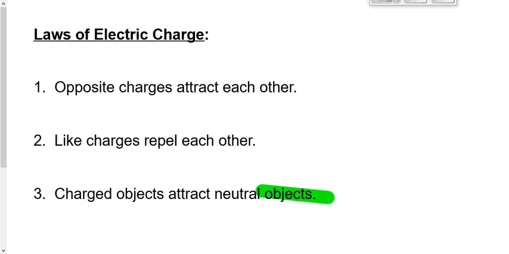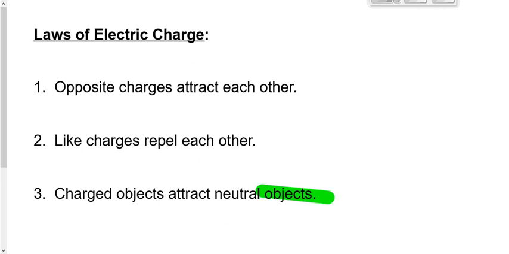Protons don't attract neutrons, not electrically. There is that strong nuclear force that we talked a little bit about yesterday. Protons do attract neutrons by this nuclear force, but they don't attract them electrically. But rather, protons would attract neutral objects electrically. And again, you'll see why in a little bit.